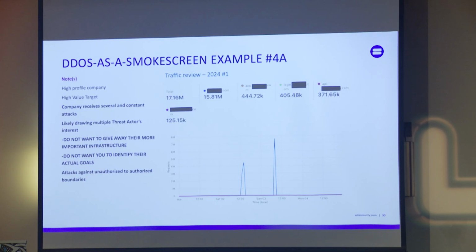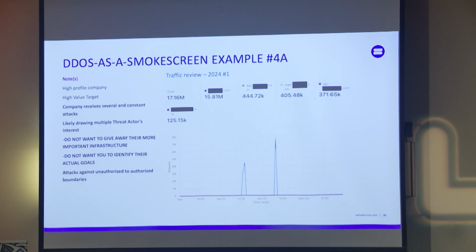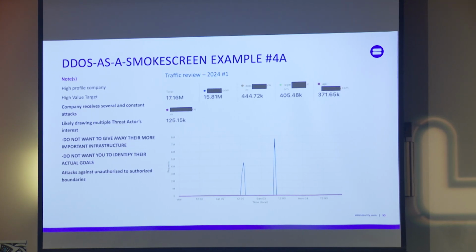DDoS is a smokescreen. Now this is the hardest. DDoS is a smokescreen, basically revolves around where there's a DDoS attack, but the threat actors are going after something else. You gotta normally have something they want. Crypto, some data they want, something that really is worth money to them. So they'll give you a DDoS attack, and under that DDoS attack, when you strip it away, there's more things there.